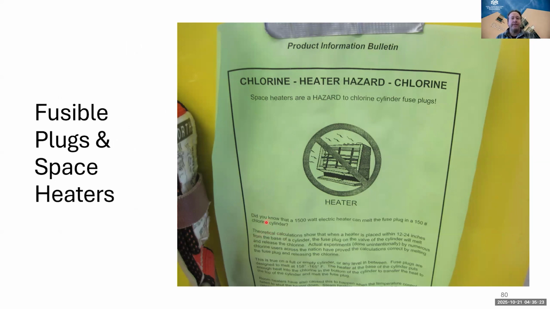So if you have a space heater in your chlorination room, it really should be stored a long ways away from those fusible plugs and from the cylinder. Otherwise, you could have a release of chlorine gas that's unintended.